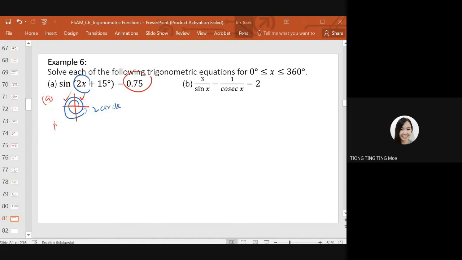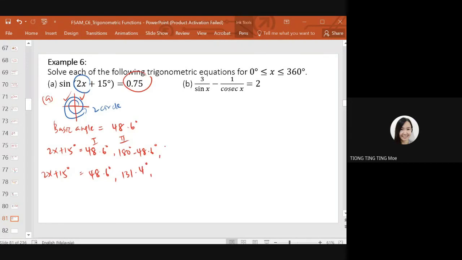Okay, so you find out the basic angle, the same thing, shift sine 0.75, the basic angle 48.6 degrees. Okay, so 2x plus 15 degrees equal to 48.6, first quadrant. Second quadrant, 180 minus 48.6 degrees, which is 131.4 degrees.